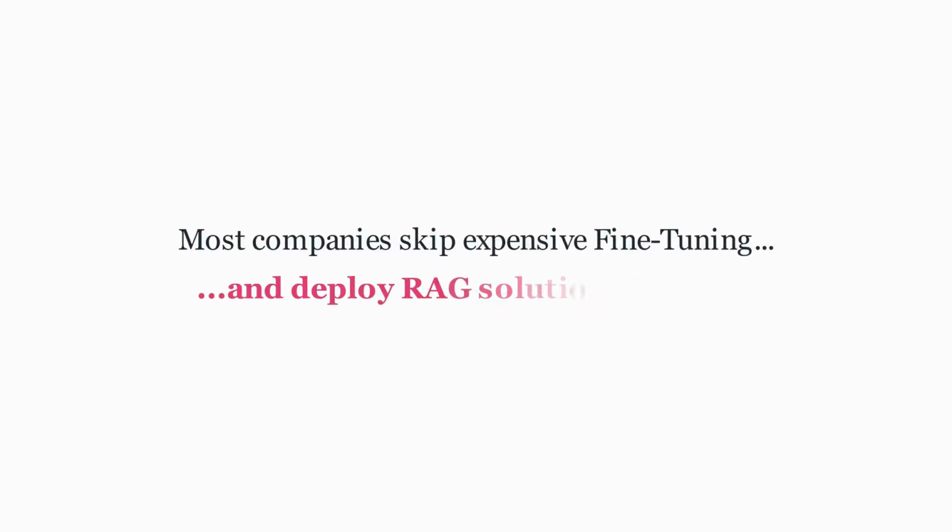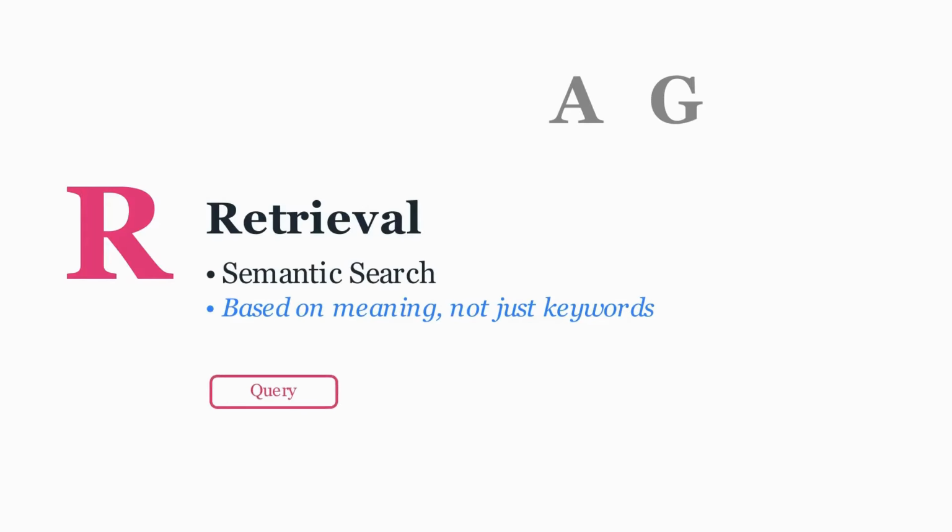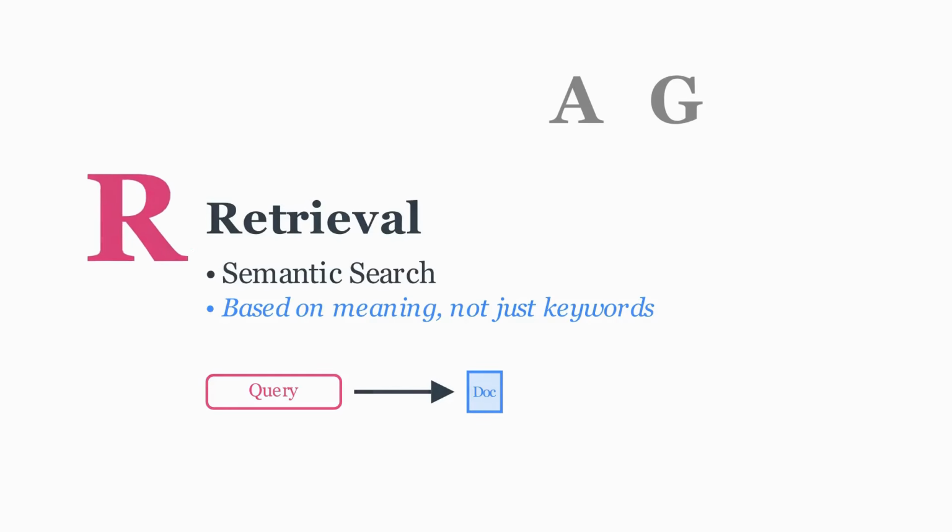Most companies who figured this out became quick to adopt, implement, and deploy a number of RAG solutions in production. R here stands for retrieve information, which means using semantic search based on the meaning, not just the keywords.